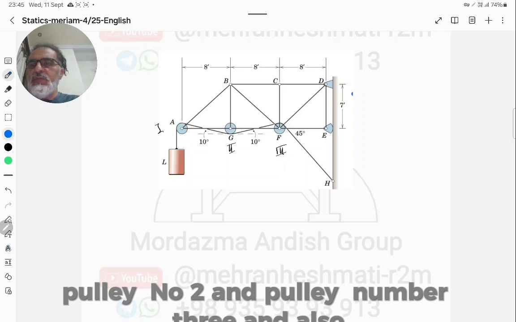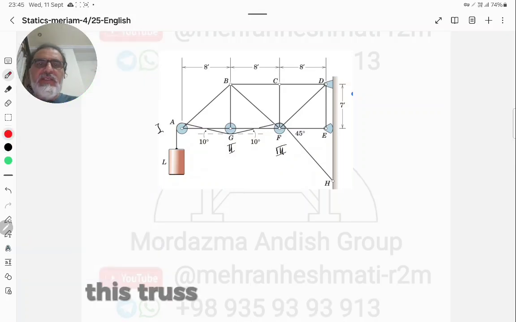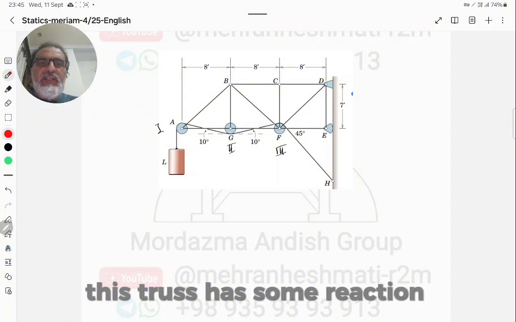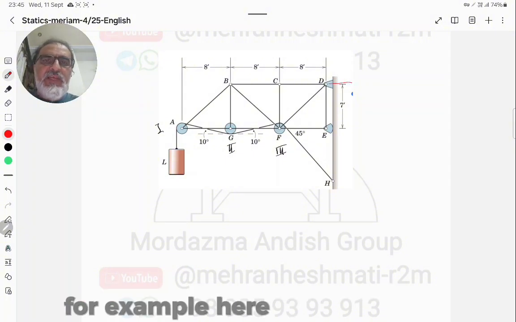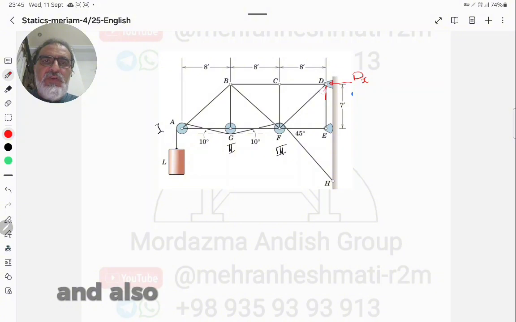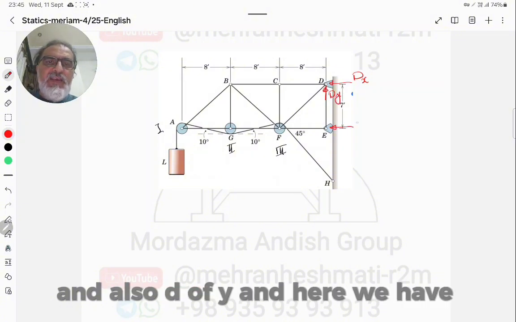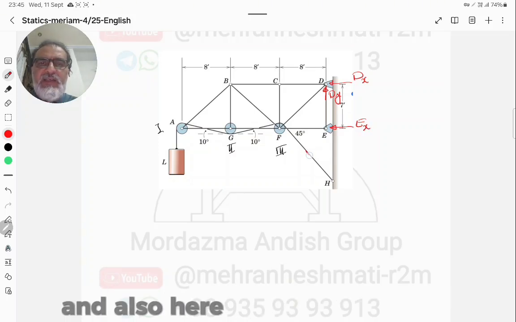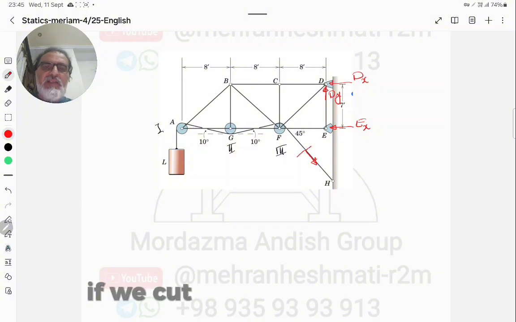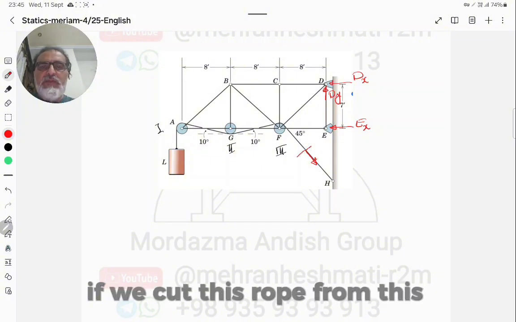And also this truss has some reaction forces. For example, here we have D of x, and also D of y, and here we have E of x. And also here we have a tension if we cut this rope from this position.